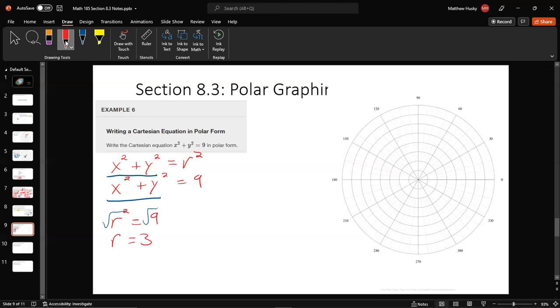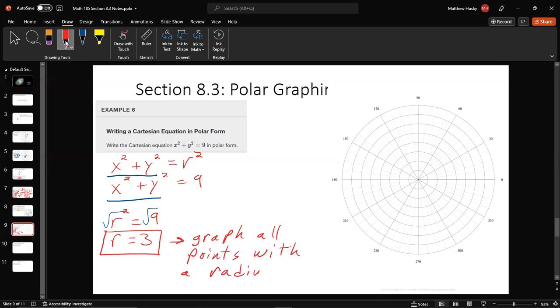So the equation in polar form is going to look like this. So basically what you're going to do is you're going to graph all points with a radius of 3.